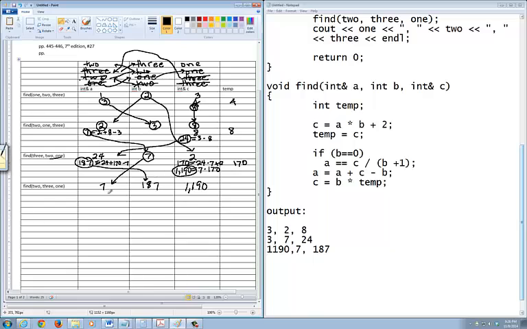Okay? Now, do the same thing. Coming in here, I'm going to do A times B plus 2, which is what? 7 times 187 plus 2. My math calculates this out to be 1311.